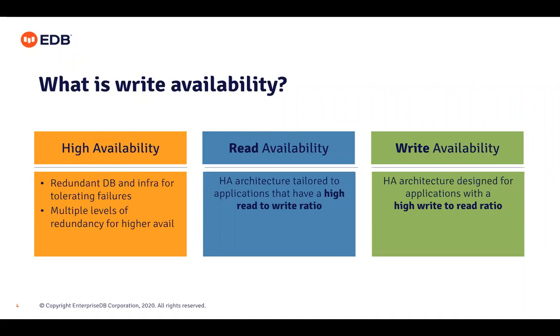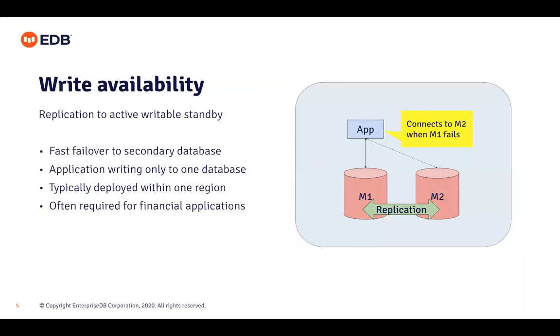And having an architecture that supports that for our application is important. So that's today's focus, write availability, because these can be some of the more challenging designs to deploy. So let me share an example of a write availability scenario.